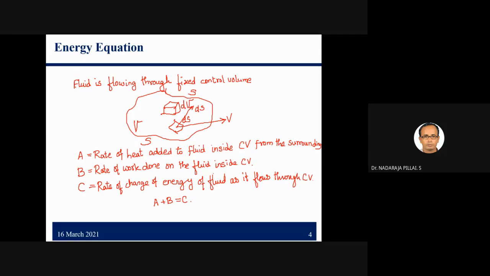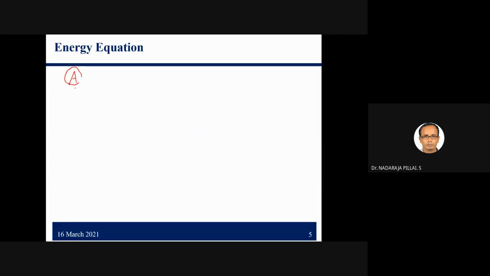So I can say that this can be written as volumetric heating inside the control volume.